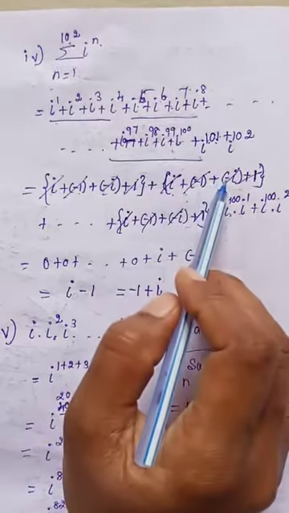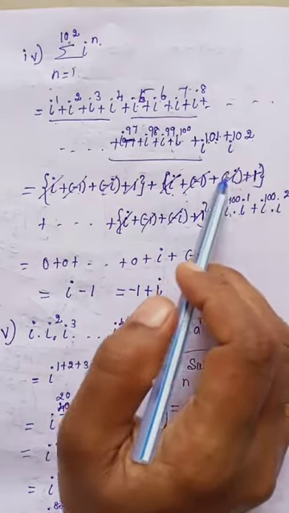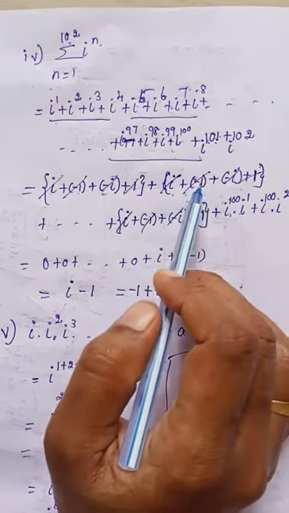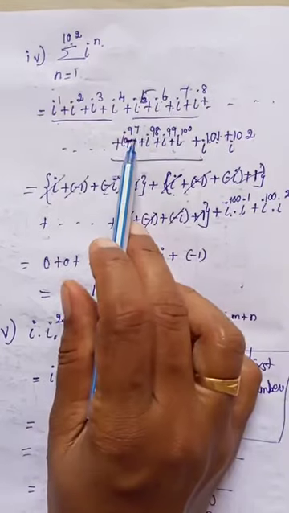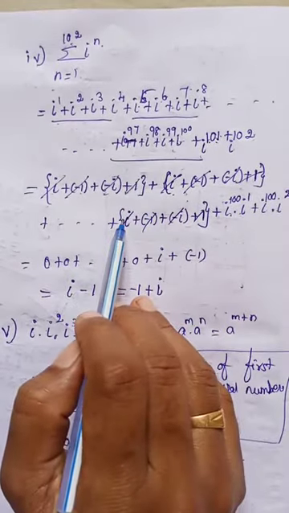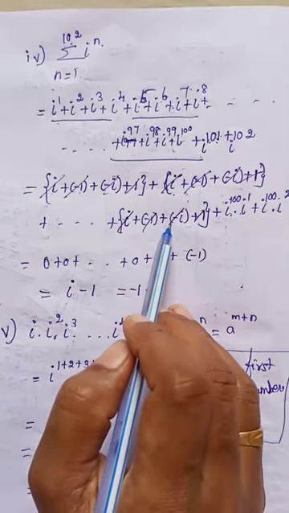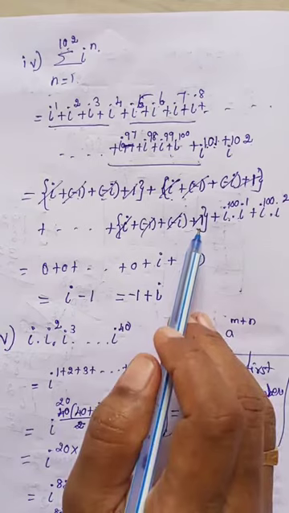Here i^3 is minus i, i^8 is 1. So minus i plus i will get cancelled, minus 1 and plus 1 will get cancelled. So on, up to 96 terms are cancelled. Then i^1, i squared, i cube. 100 is divisible by 4, isn't it? So the answer is 1.